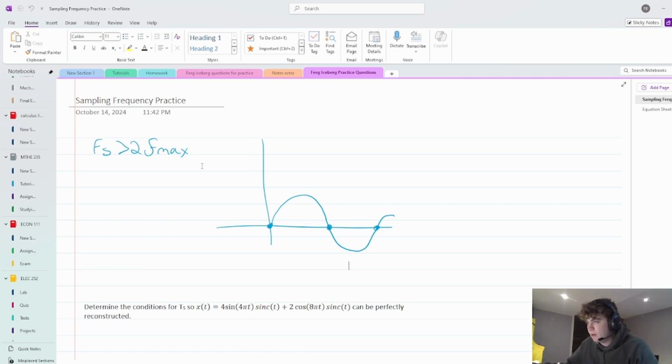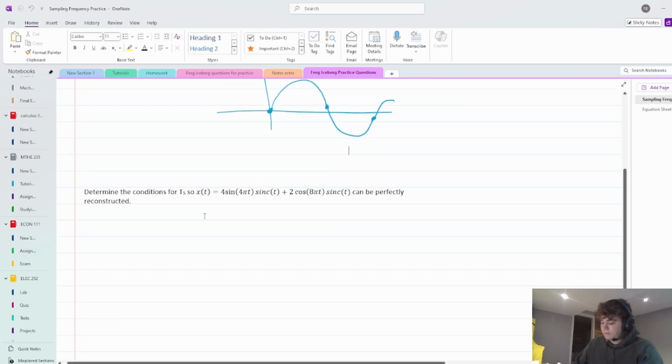The reason you want more than 2 times the max frequency is because sampling at exactly 2 times the max frequency can give you these points here, which can be all 0 valued. So to avoid this, you want to sample at a frequency at least slightly larger than your max frequency. So you end up with points like this, and doing this, you will be able to actually reconstruct the function because you'll get actual values that will match up with the sine wave.